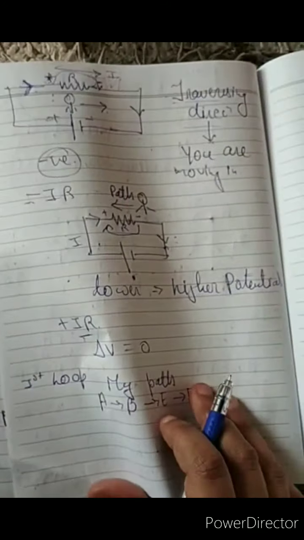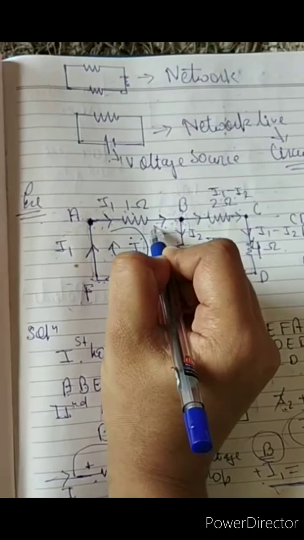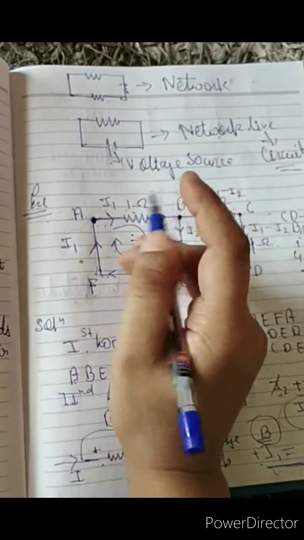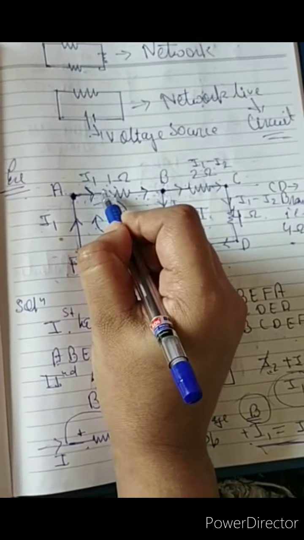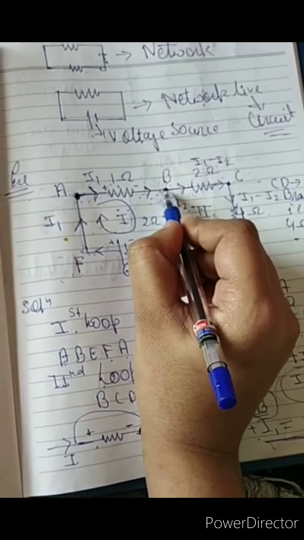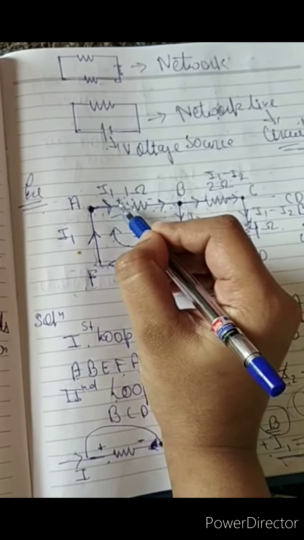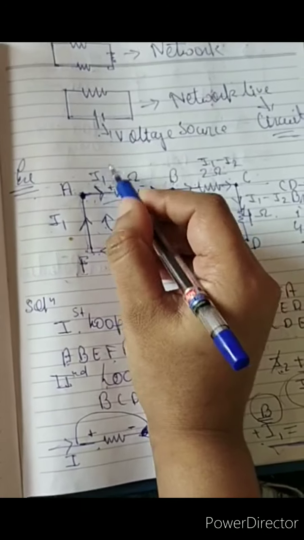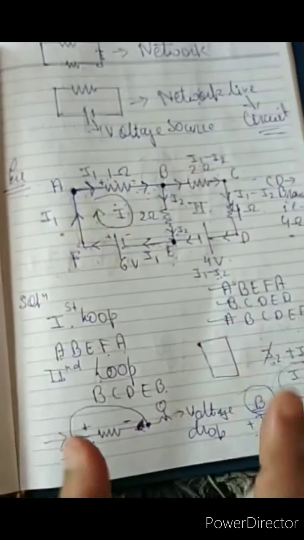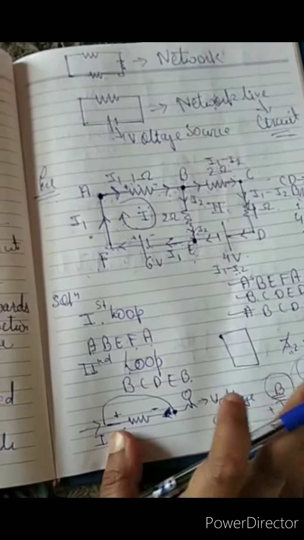Now, let's start from point A. As you move from point A, you know that across the resistance there may be a voltage drop. Current is coming in, it means this end must be plus and this end must be minus, and you are going from A to B. So across the branch AB, you cross from plus to minus, going in the direction of voltage drop. So voltage will drop, it means negative, you have to take negative.